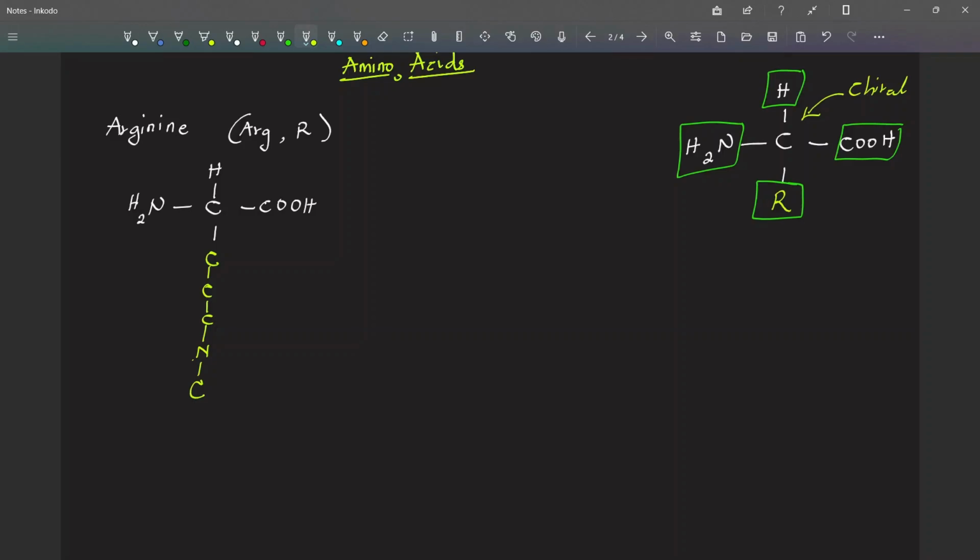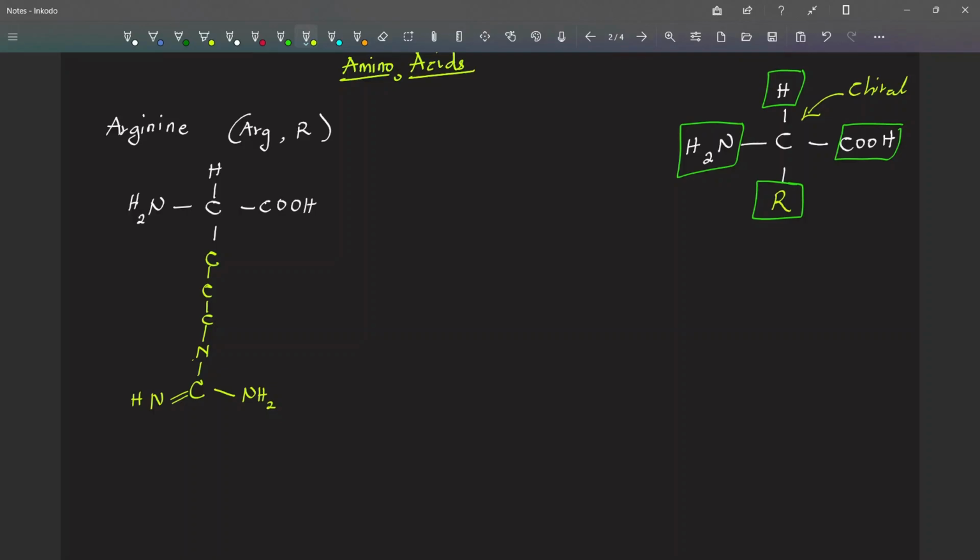But this carbon here has a double bond and a single bond. The double bond is to a nitrogen with an H, and then the single bond is to a nitrogen with 2 H's, because nitrogen is supposed to have 3 bonds each.